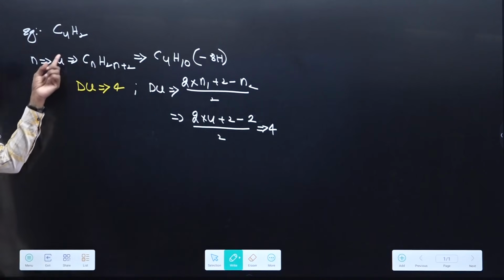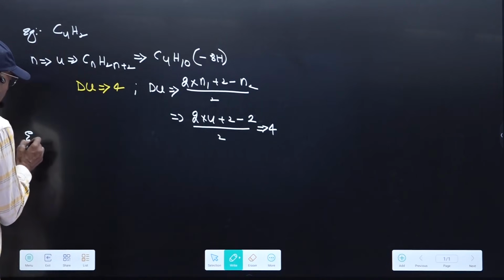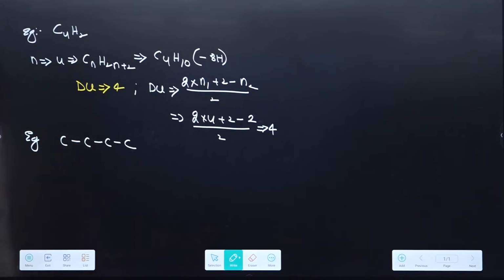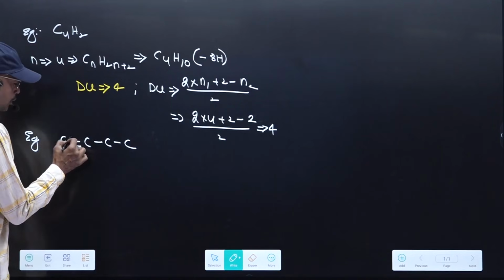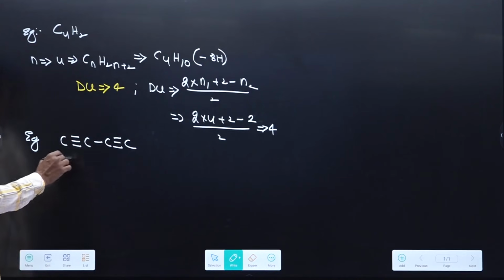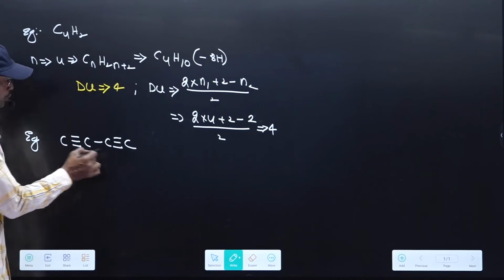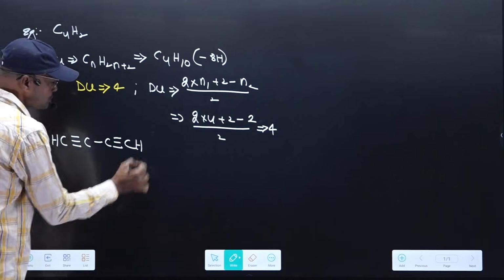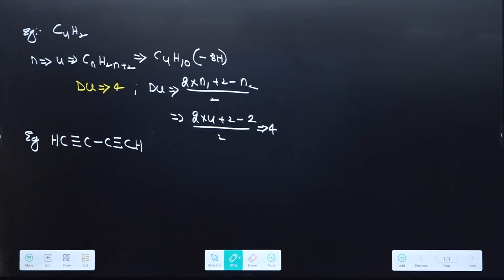Okay, so here we can write 4 carbons. Now I want to create DU first. So I can put a triple bond here and one more triple bond here. Is the DU matching? DU for 4 carbons is matching. Here one hydrogen and here one more hydrogen. That's it. Can I write rings with 4 carbons?